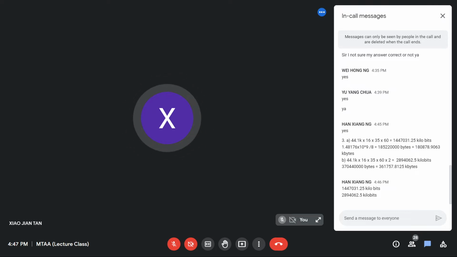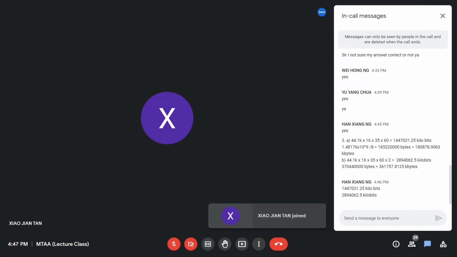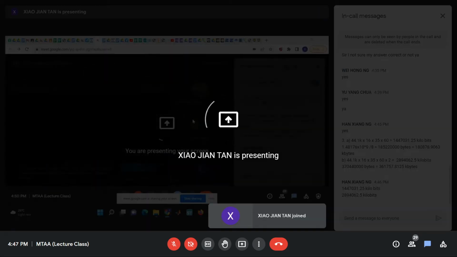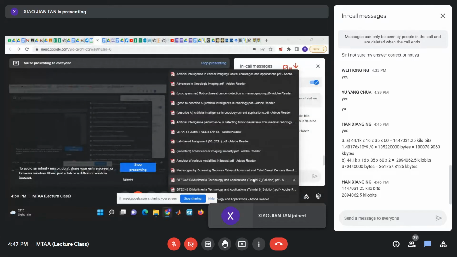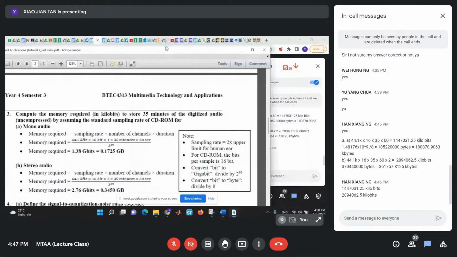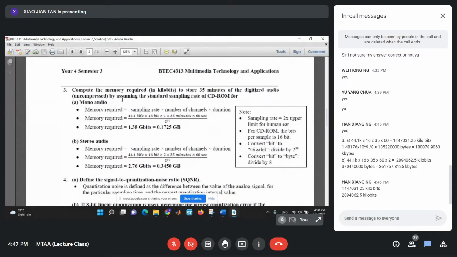Let me share my screen. Okay, so compute the memory required in kilobits, so you don't need to divide by 8, to store 35 minutes on CD-ROM.